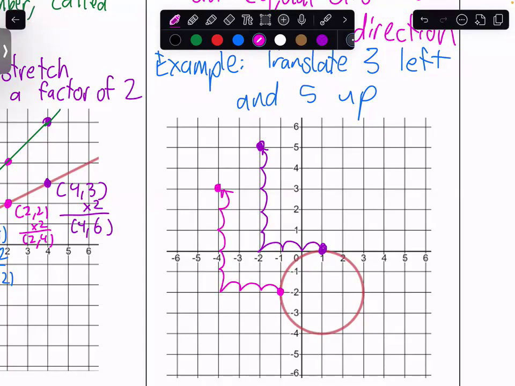Let's try to find 2 more. At the bottom, 3 left, 5 up. And one more. All the way on the right, 3 left, 5 up.